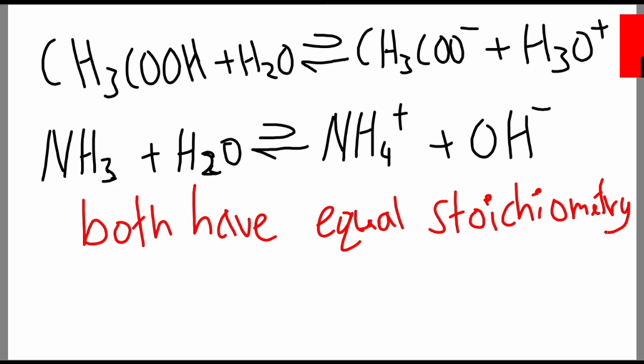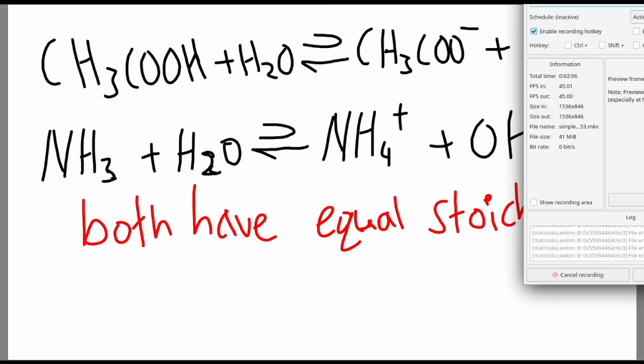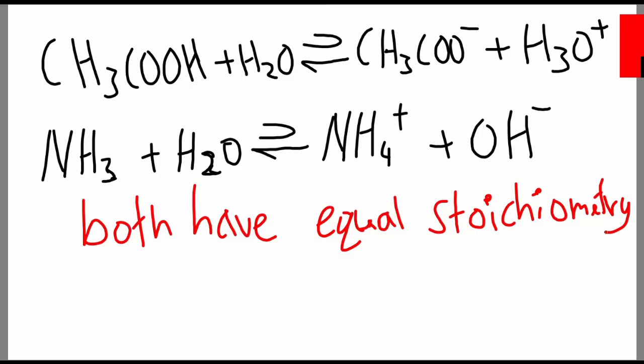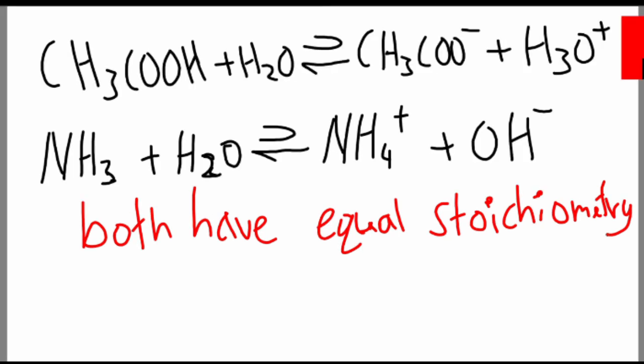So in effect, the added H plus ions will just remove some of the H plus that is already in the solution from the acetic acid and reform into the CH3COOH.